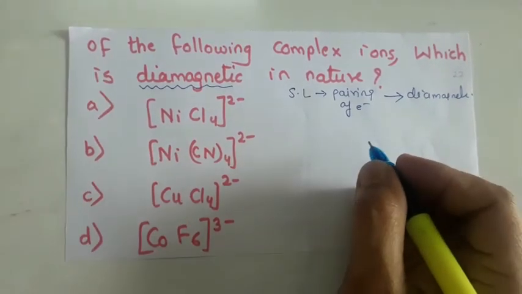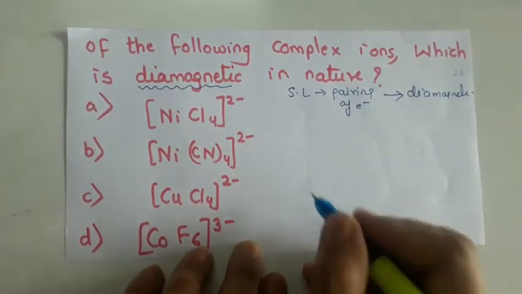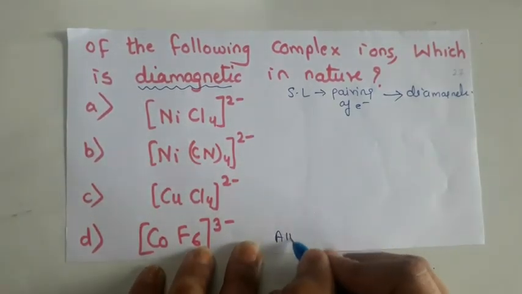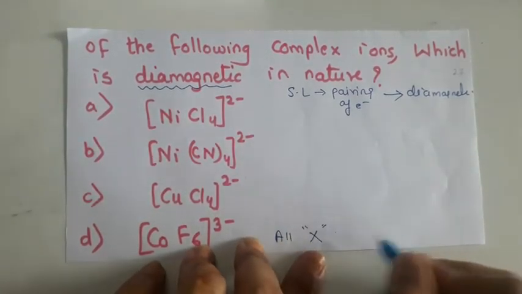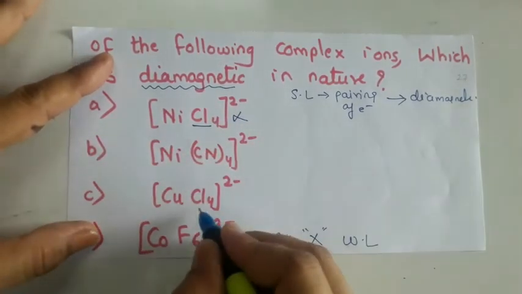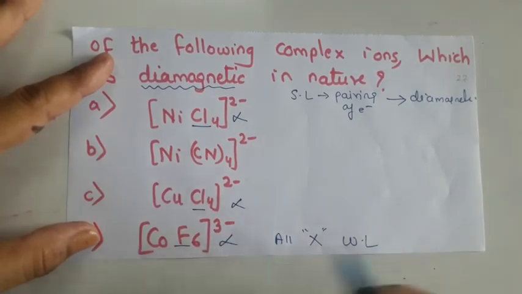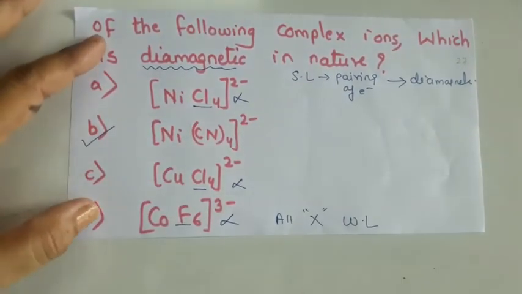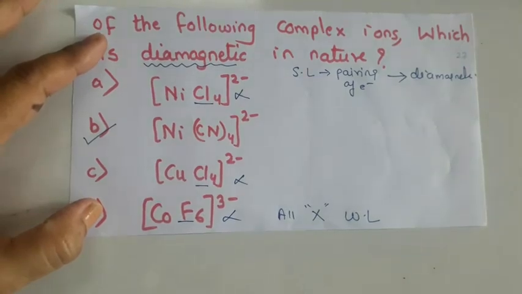I have told you in the discussion of this video that all halides, all X halides, are weak ligands. So this is not the option because it is a halide. These two are also not the option because these are halides. Ideally the correct answer is B, but still we need to make sure whether it is B or not.